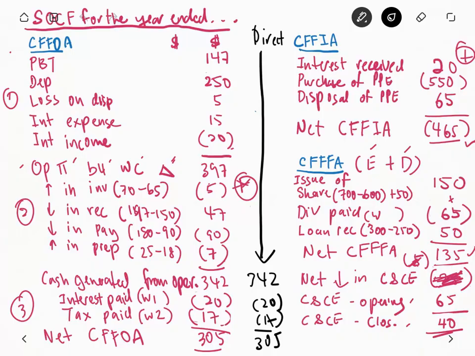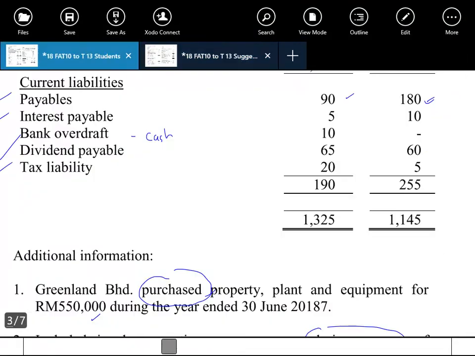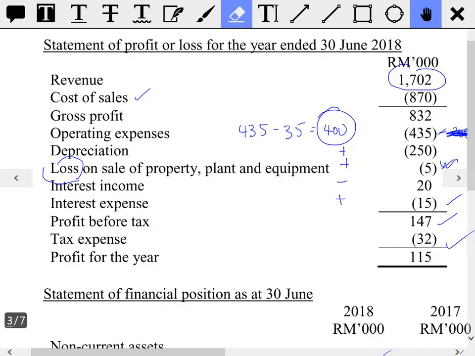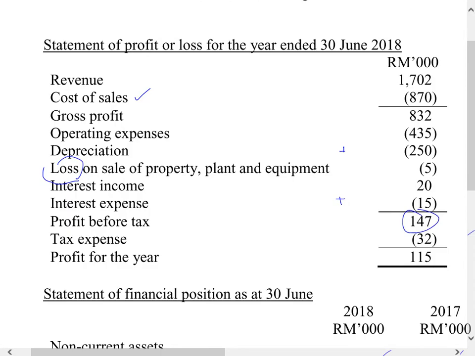I started off with profit before tax, 147. Is this 147 inclusive of this 1,702 sales?